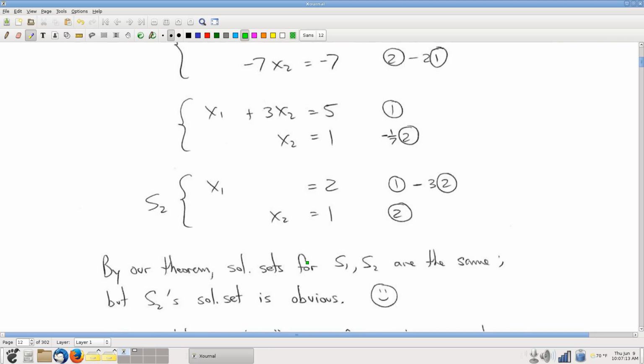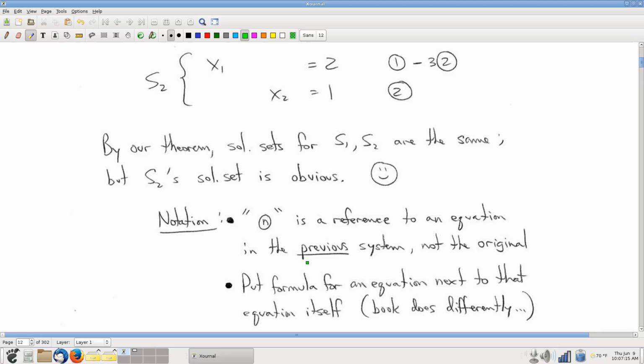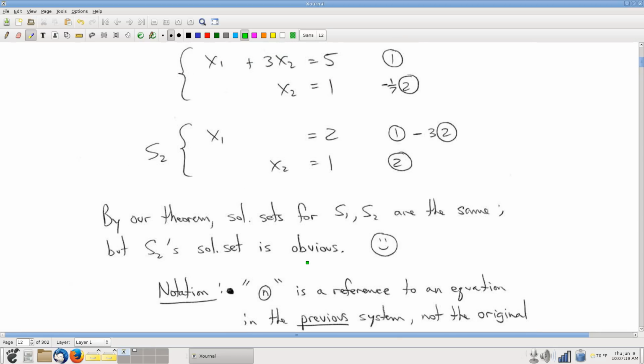Okay. All right, a little bit of notation to refer to. You see here that I have circled numbers. That's just a notation I find convenient to refer to which equation in the previous system we're talking about. Critically, it's referring to an equation in the previous system.